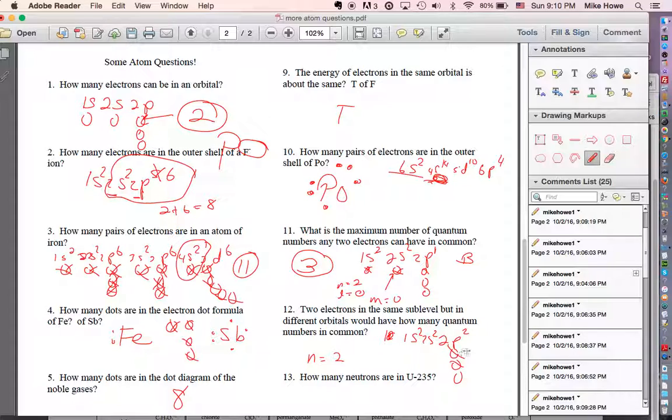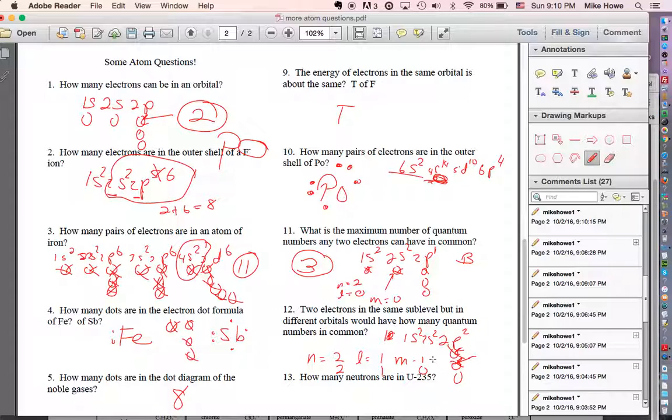When I say different orbitals, you know there's one here and one here. So L would equal 1. M, though, would have to equal -1 for the first electron. The second electron is 2, 1, and 0. -1, 0, 1.